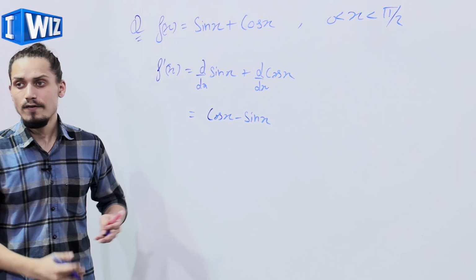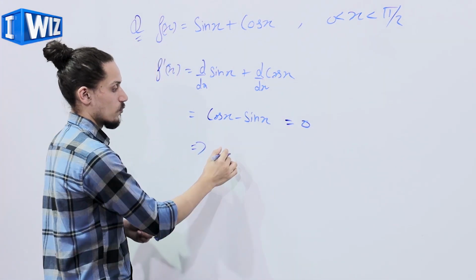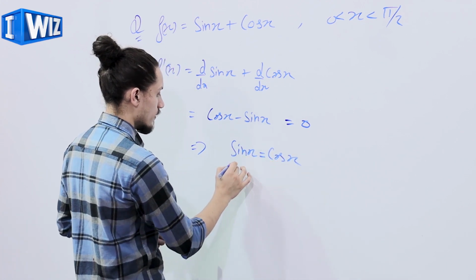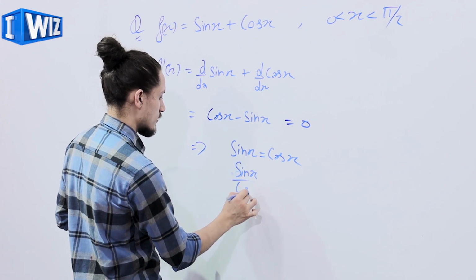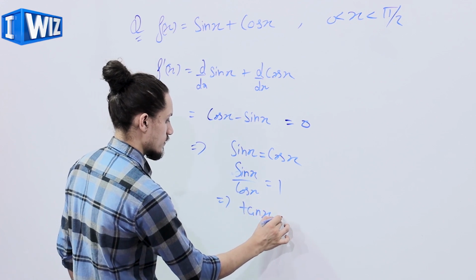Next, we have to put f dash x is equal to 0. So this will be equal to 0 when sin x is equal to cos x, or sin x upon cos x is equal to 1, which implies tangent x is equal to 1.